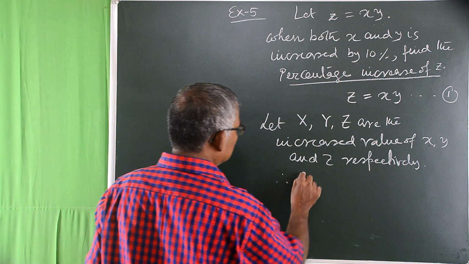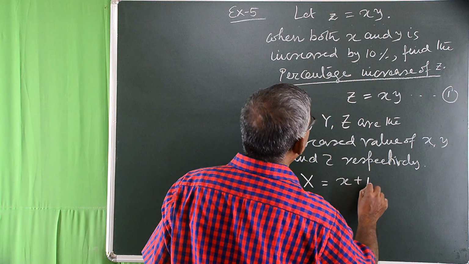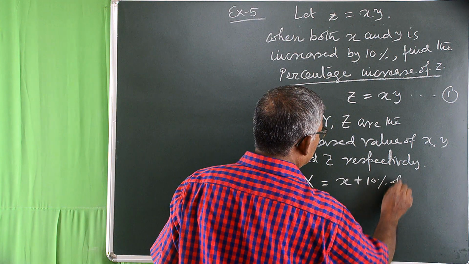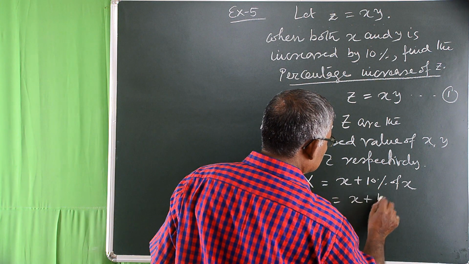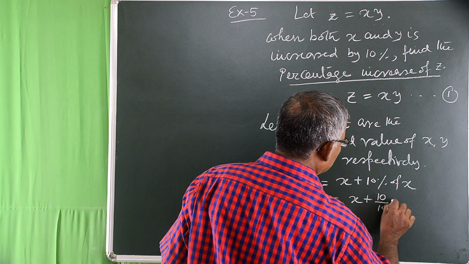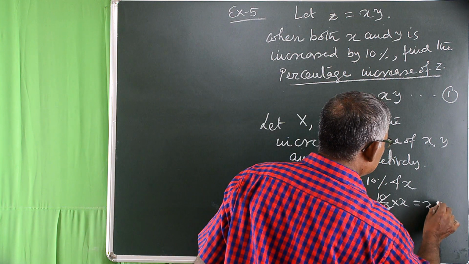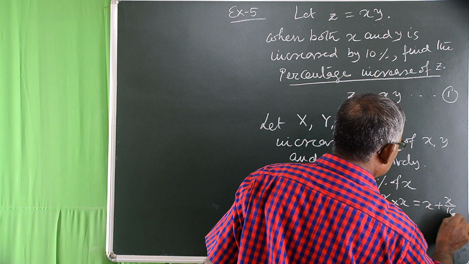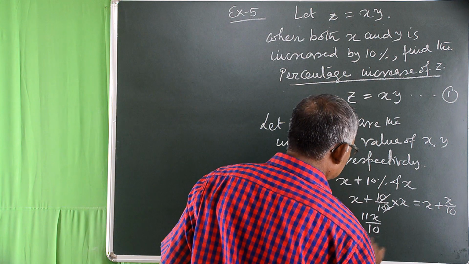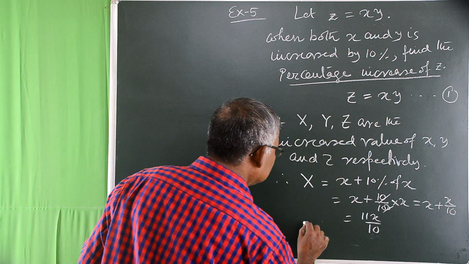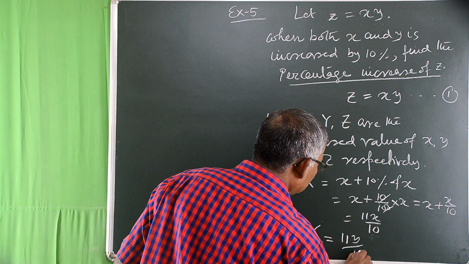Therefore, X equal to small x plus 10% of small x equal to x plus 10 by 100 into x equal to x plus x by 10 equal to 11x by 10. Similarly, the value of y equal to 11y by 10.